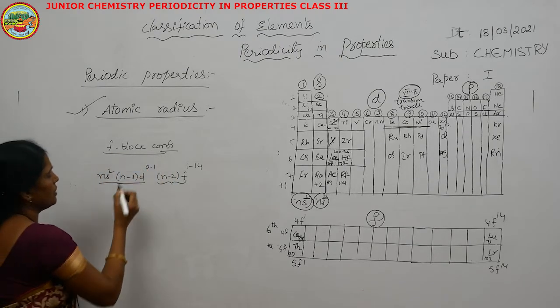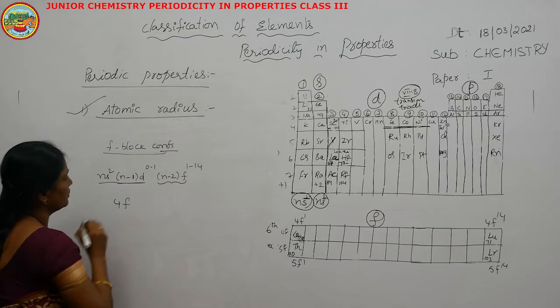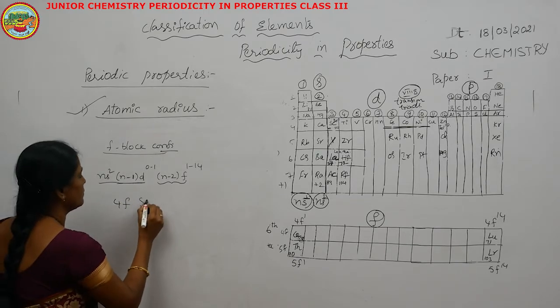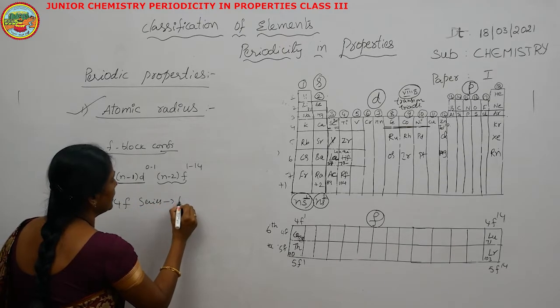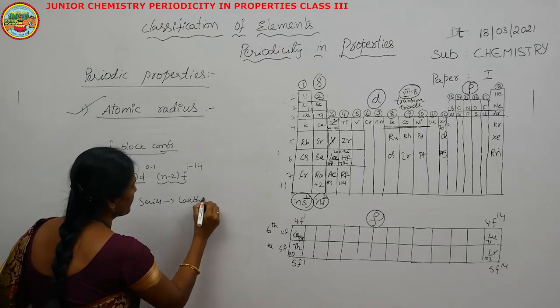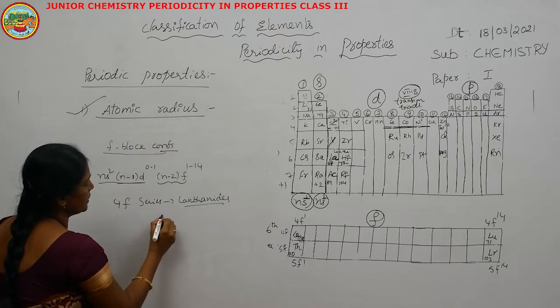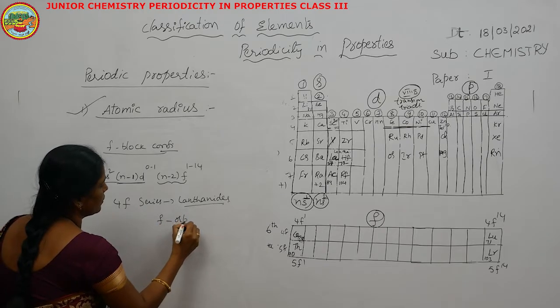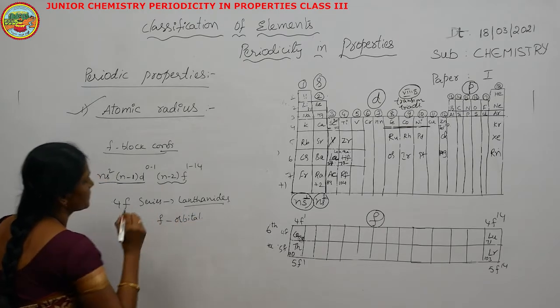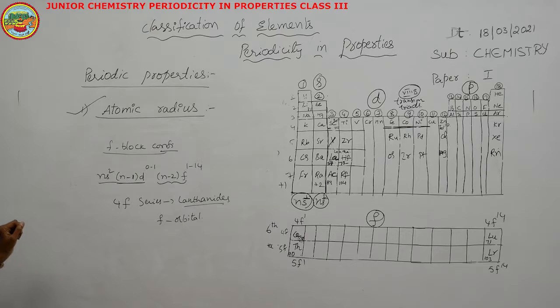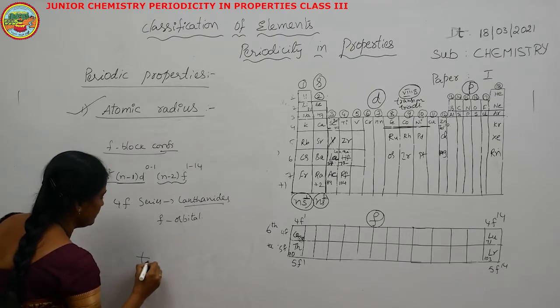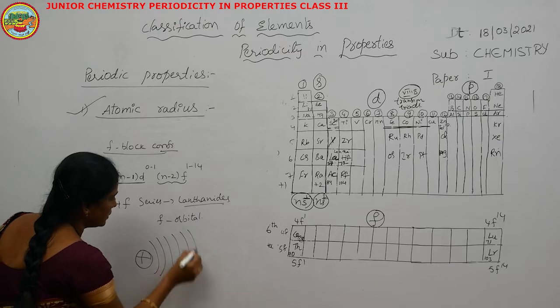Lanthanides come in the f block. That is called the 4f series. The 4f series is called lanthanides. In these lanthanides, the electron enters the f orbital. That means in an atom, these are all the shells.